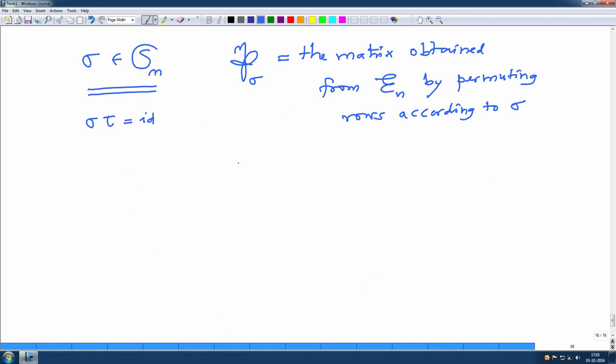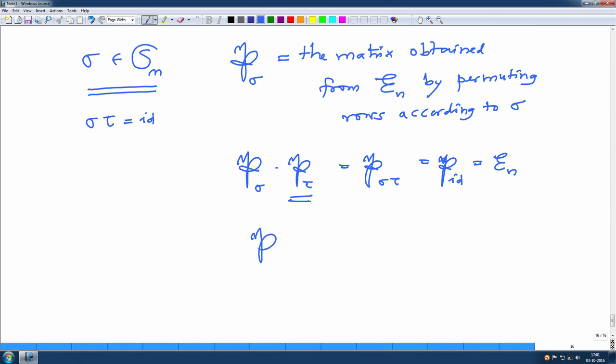Therefore, we need to check the formula P sigma times P tau equals P sigma tau, which is P identity, and P identity is the identity matrix. So that means this is the inverse of this.